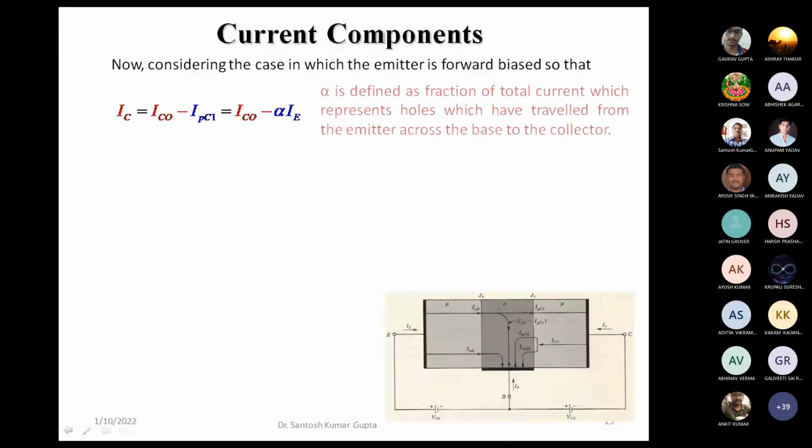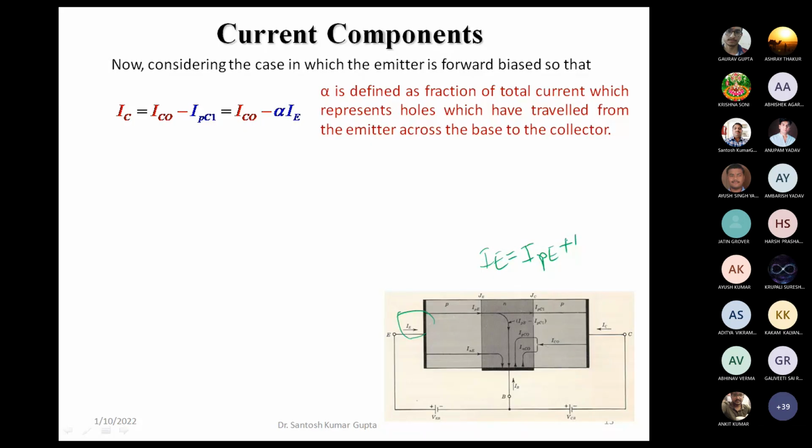So we can write different equations for the collector current. We have just seen that the emitter current actually comprises two components. One is due to the hole injection and another is due to the electron injection.